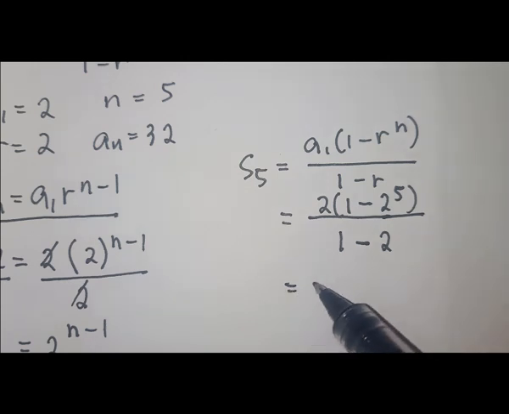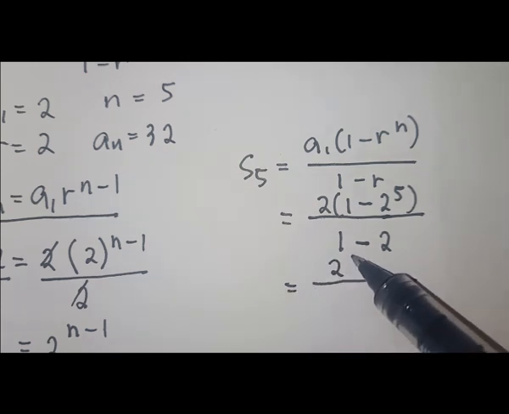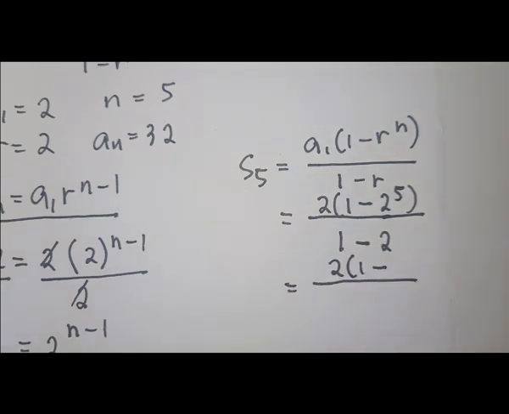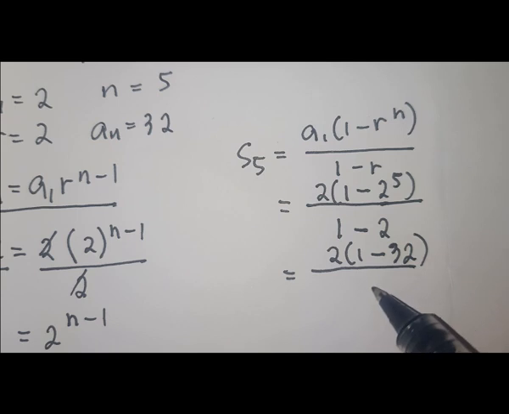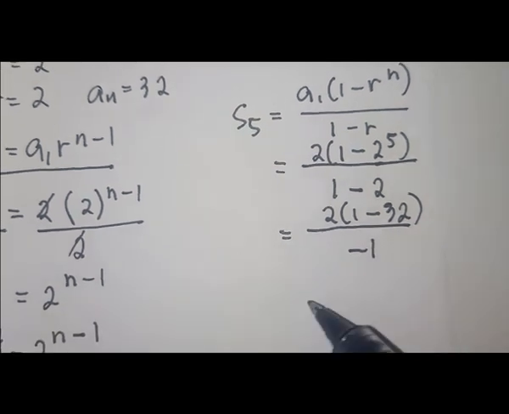Okay, so we have here 2 times 1 minus 2 raised to 5 is 16. Okay, so we have 2 times 2, 4, 8, 16, 32. Okay, so we have 2 raised to 5 is 32, not 16. Okay, so 32, 1 minus 2, we have negative 1.